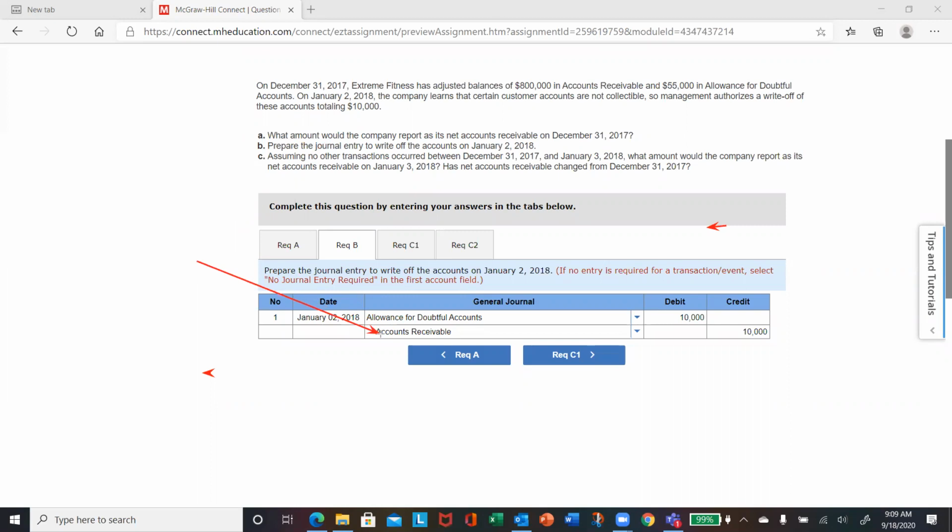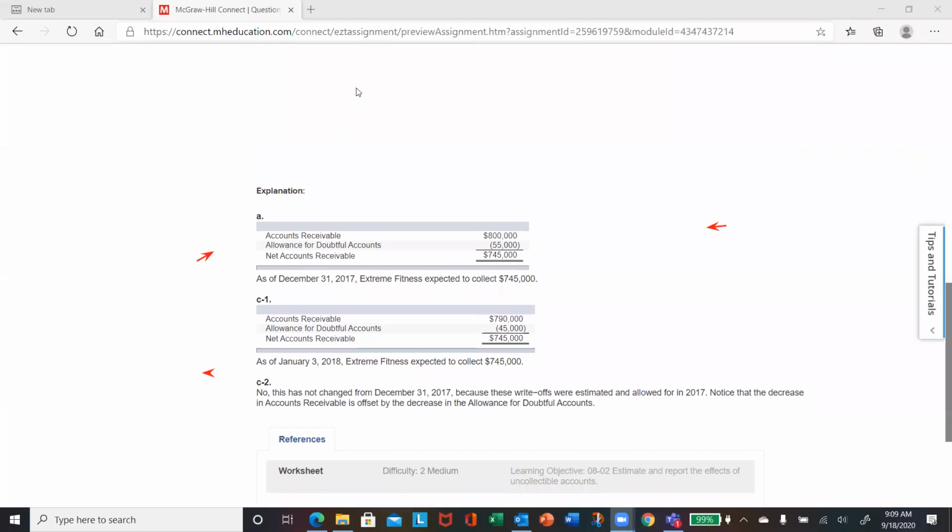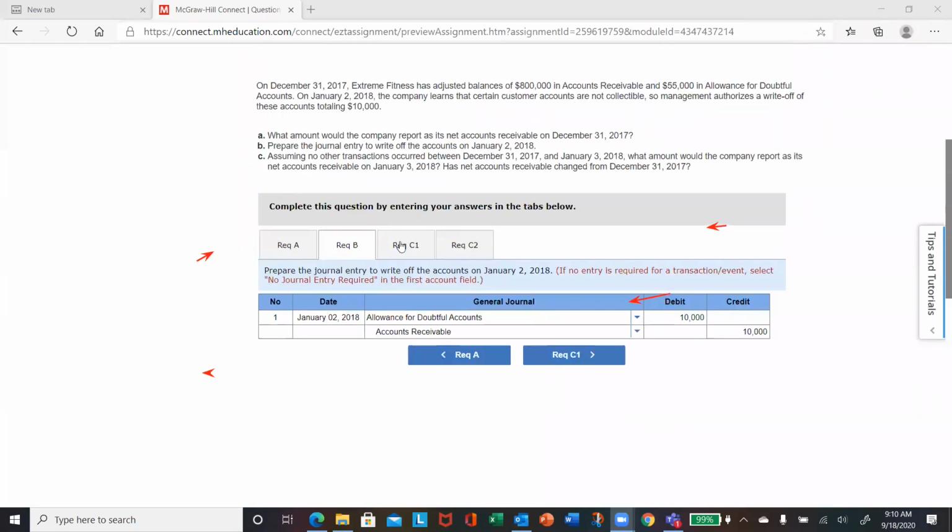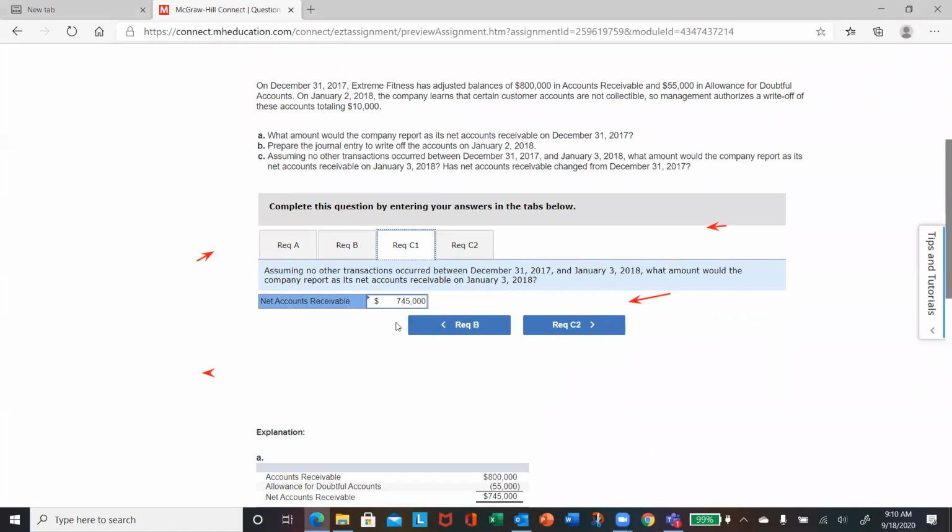This ultimately has no effect on your net accounts receivable, because if you go back down and look at how you calculate your net accounts receivable, you can see how this 800,000 now becomes 790, and the 55,000 now becomes 45,000. So each of these are offsetting each other, and so because of that, notice that the net accounts receivable is still at 745,000.